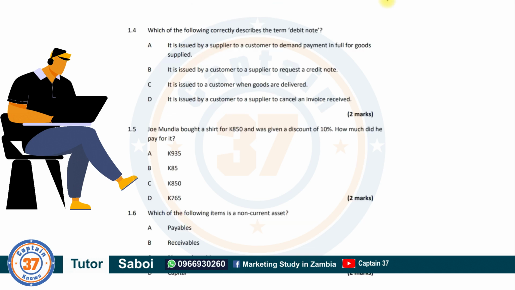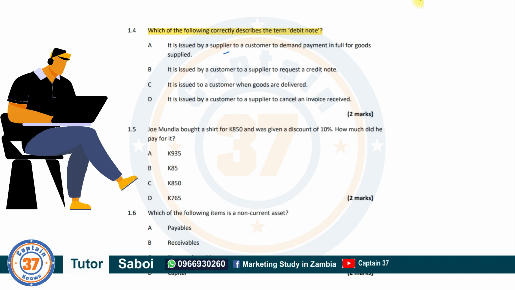Question number 4. Which of the following correctly describes the term debit note? Could it be that a debit note is issued by a supplier to a customer to demand payment in full for goods supplied?